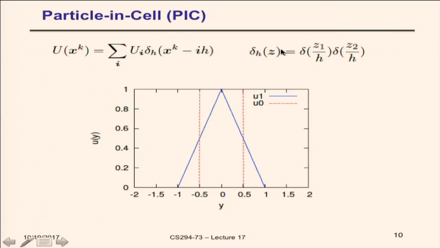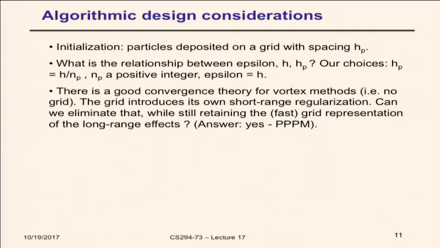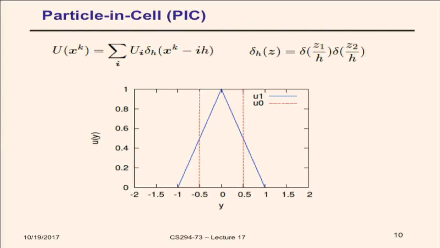To get it on a grid of spacing h, we scale by h, and then to get it in 2 dimensions, we do a tensor product. In fact, when you look at how you end up depositing things, it's going to look like bilinear interpolation from a point or to a point. So that's the algorithm, and in the homework description, I'll even put in more detail of exactly what you do.